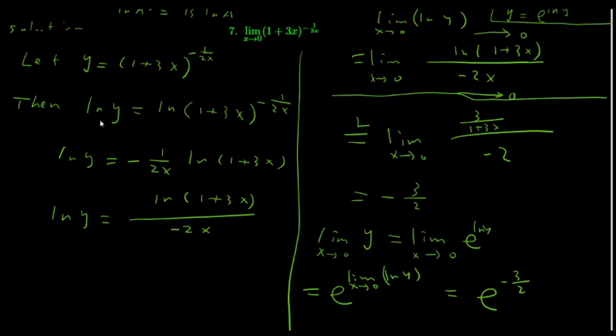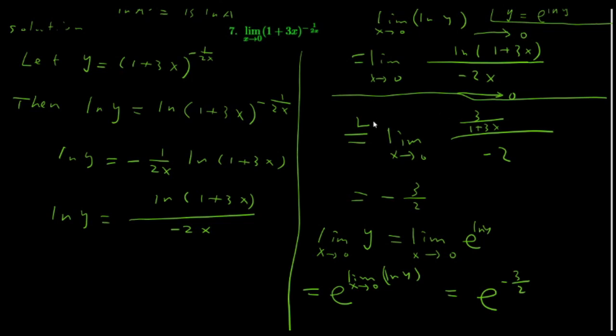Using the property of natural log, you can convert natural log of y to the form of a quotient. The next thing you do is take the limit of natural log of y, which means we are taking the limit of a quotient. You need to verify it's indeed an indeterminate quotient before applying L'Hopital's rule.